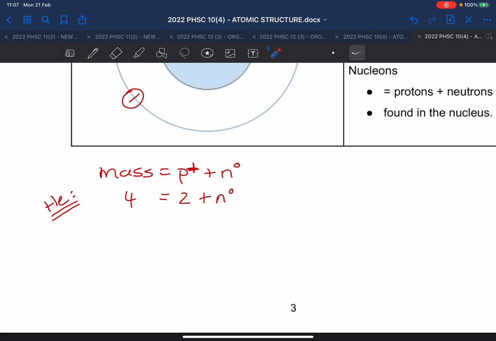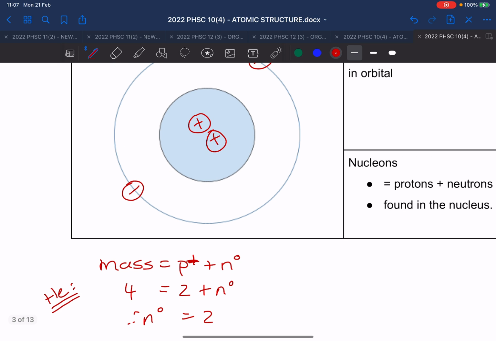You can see when you take it to the other side, it subtracts. You get 4 minus 2 gives you 2. So this means that there are 2 neutrons. Okay, so I draw 2 neutrons in here.